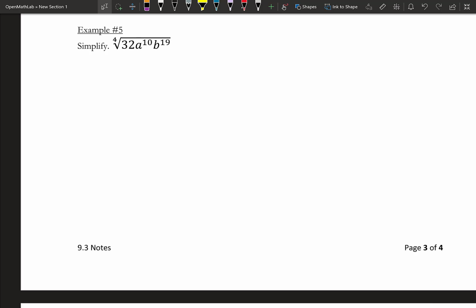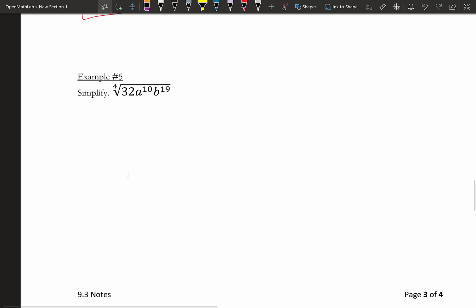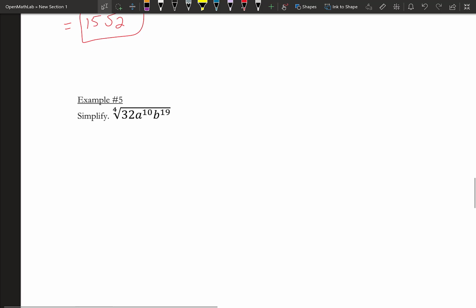Right, so example 5 is a little more involved here. We're trying to simplify the 4th root of 32, a to the 10th, b to the 19th. Right, so my index is 4. Immediately I'm thinking of making some notes here. When I'm thinking about this 32, I'm trying to think what is this equal to as prime factors?